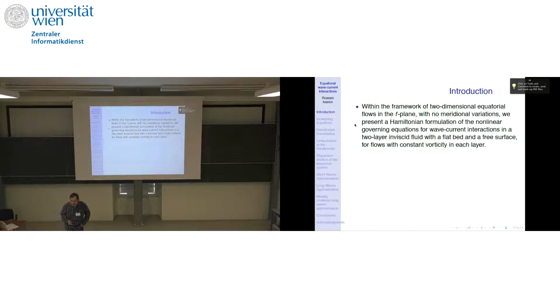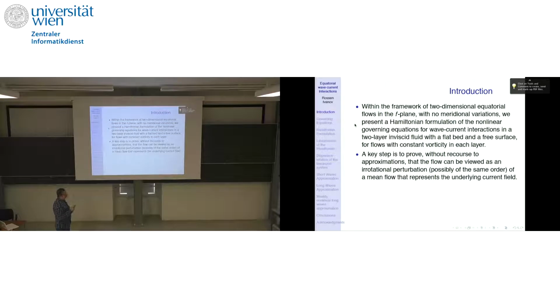It's in the XZ plane. So if y is over the meridian, z is the vertical variable, and x is east-west, y is north-south. So there is no y variation. So it's in the XZ plane.